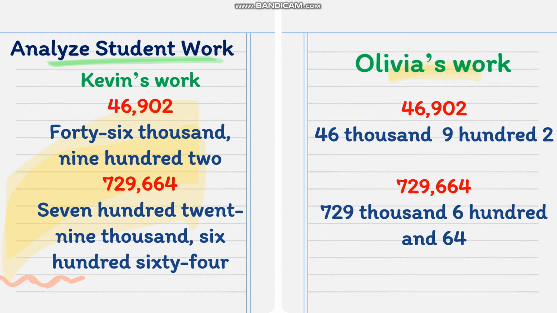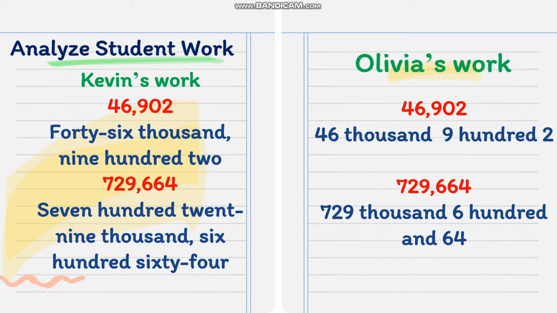Let's analyze this student work. For Kevin's work, he wrote 46,902 and 729,664.